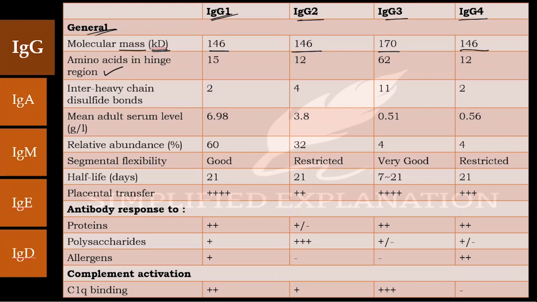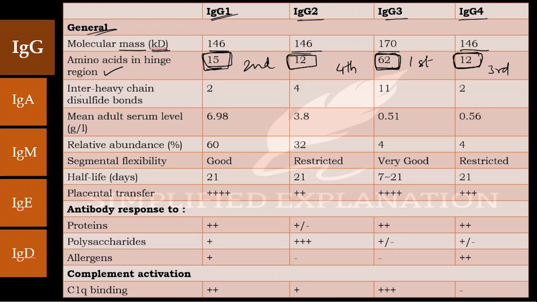Amino acids in hinge region: how many amino acids were present in IgG1? 15. 12 amino acids in IgG2. 62, the maximum one, which is making IgG3 most flexible, right? Then 12 again in IgG4. So from here we can see that if there are 62 amino acids in the hinge region, it is most flexible, then second flexible, then this one is third and this one is fourth.